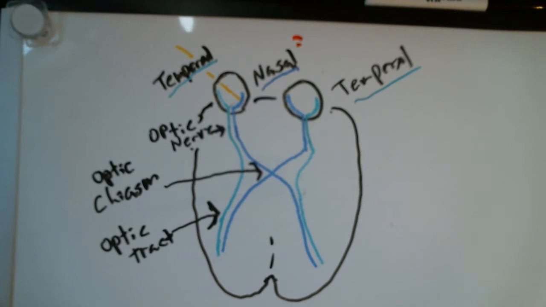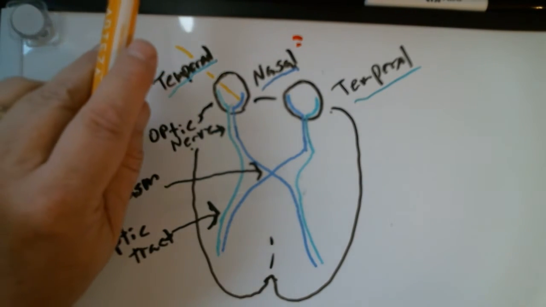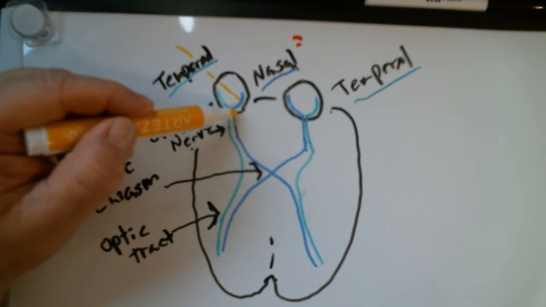That's the big thing to remember: the temporal vision, in other words, the light from the temporal side, crosses the eyeball and hits the nasal portion of the retina. And so now it's going to follow that blue nerve, right? So this is the temporal portion. Follow that blue nerve.